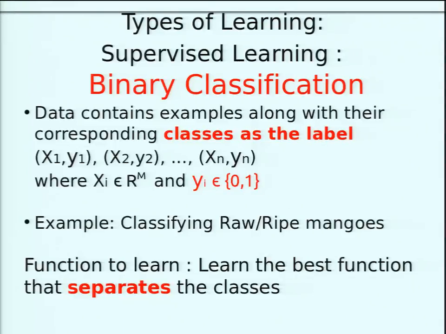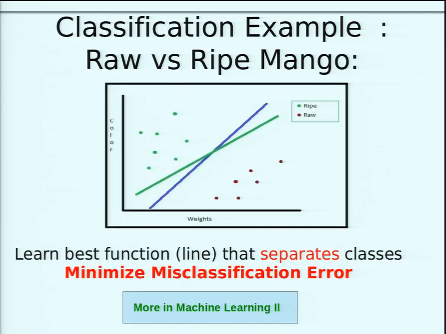And our objective is to learn the best function that separates the two classes. And what we said is there could be multiple separators of the two classes, and we want to find the best under some criterion. And how to find this good separating line will be discussed in the machine learning 2 talk. But in this talk, I'm going to give you an intuitive sense of an algorithm that can find a separating line, okay?